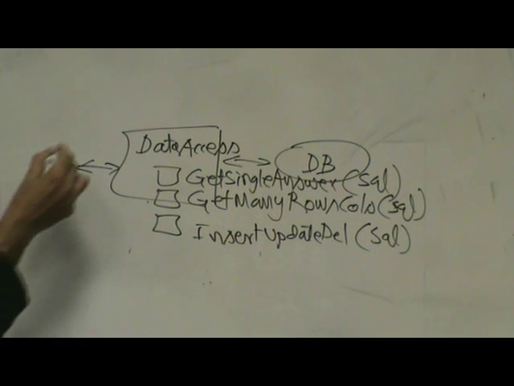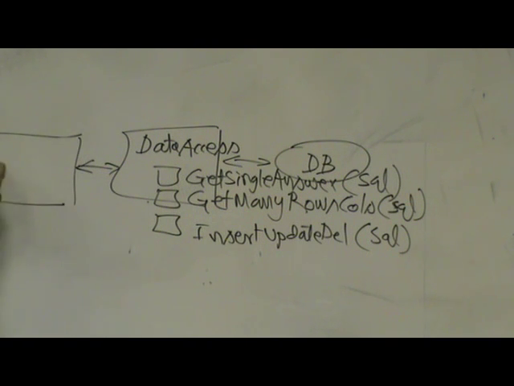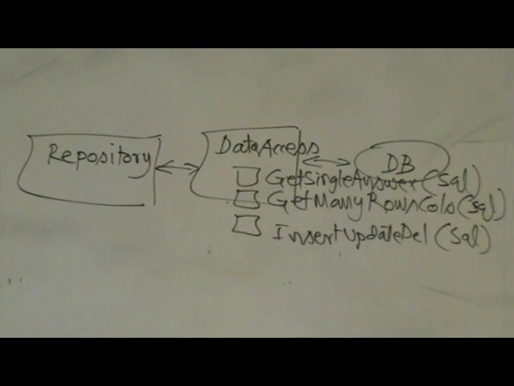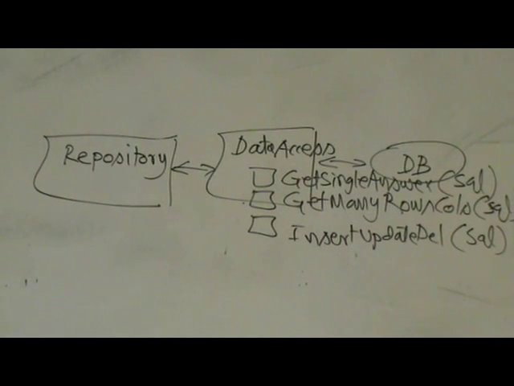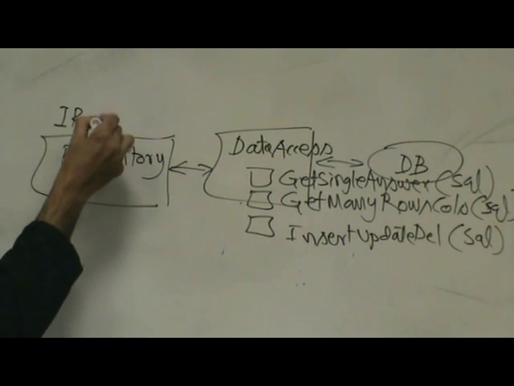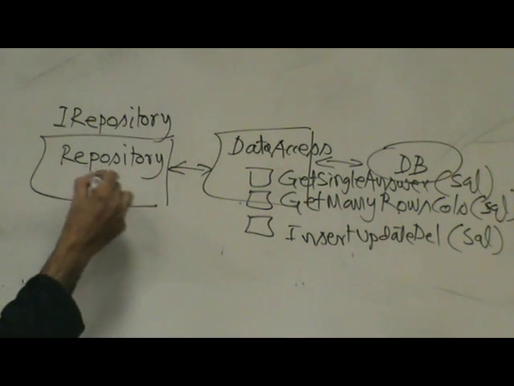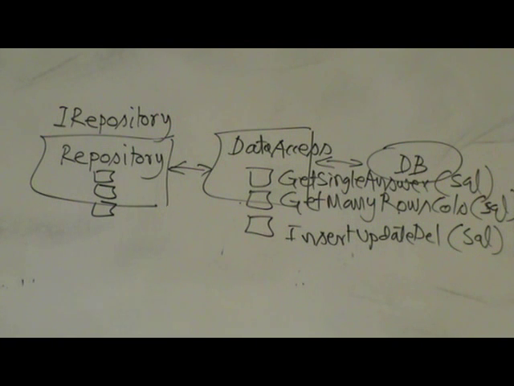So what we do is we create another class over here, which is often called repository. Okay, so purpose of this class is, and we can define an interface iRepository before we write this and describe all the methods that we need over here. Okay, sometimes as the application becomes bigger and bigger, rather than writing one giant repository class, we break it into different classes.